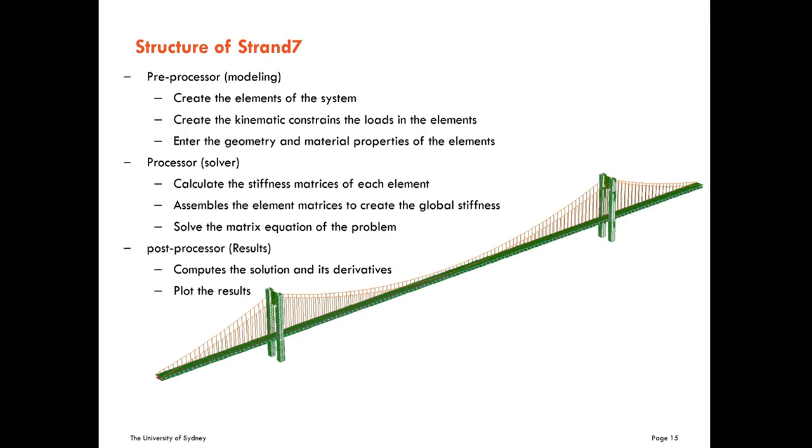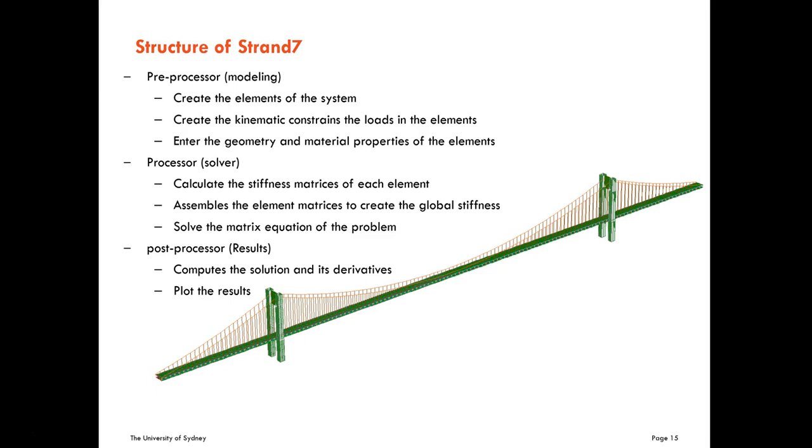In the post-processor, the computer is going to compute the solutions based on the nodal displacements using the interpolation functions, and it's going to calculate the derivatives, the stresses and the strains. And you can plot the results in different ways, as a contour plot.